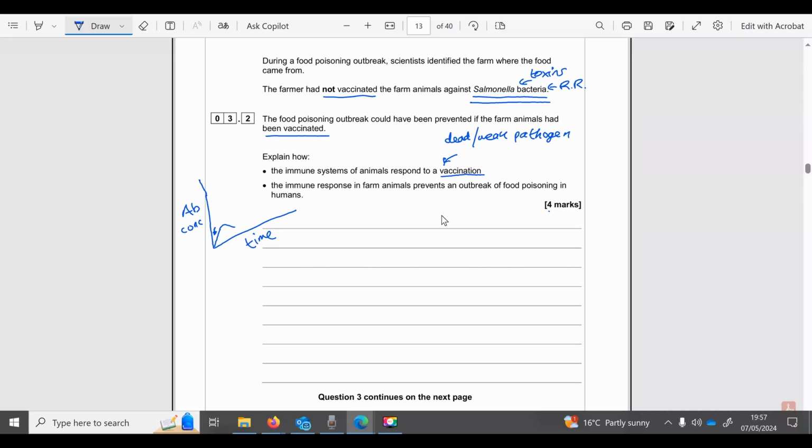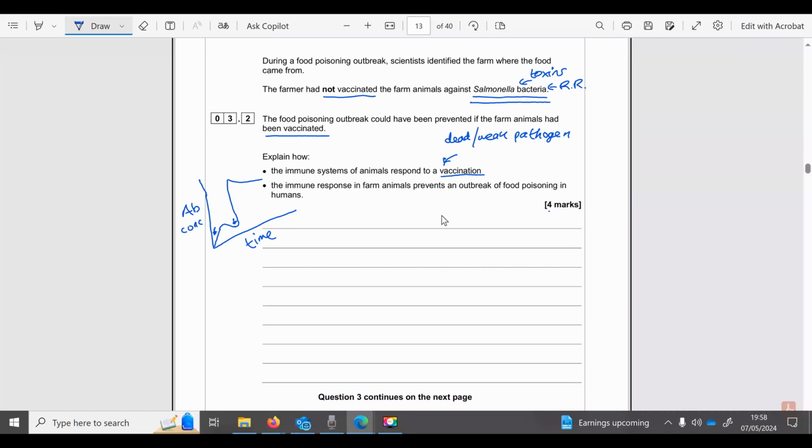But then you're exposed to a live version of the pathogen, and the response will be faster and greater because the immune system has recognized what the antigen looks like, what the pathogen is, and then it will remain in the blood for longer.